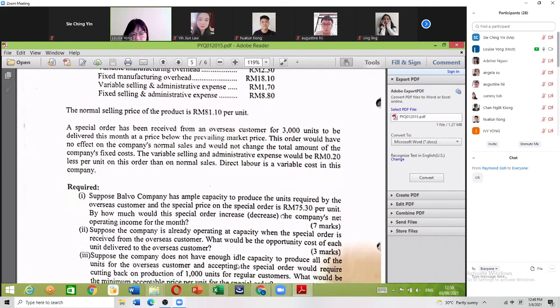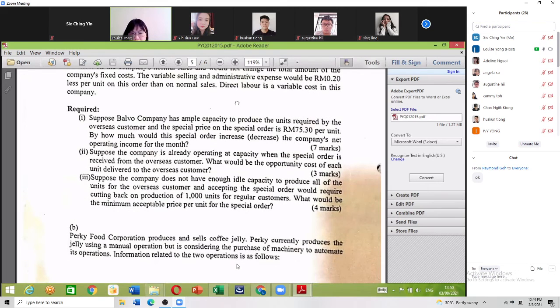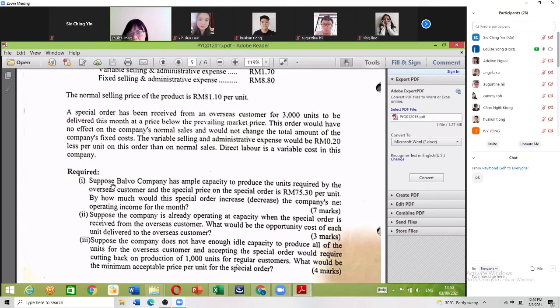Okay, so we look at the requirements. Requirement number one: suppose Bravo company has ample capacity to produce the units required by the overseas customer, and the special price on the special order will be $75.30, below the market price of $81.10. By how much would this special order increase or decrease the company's net operating income for the month?